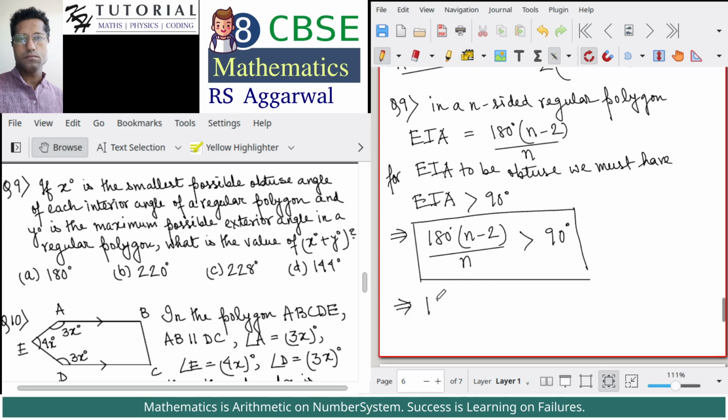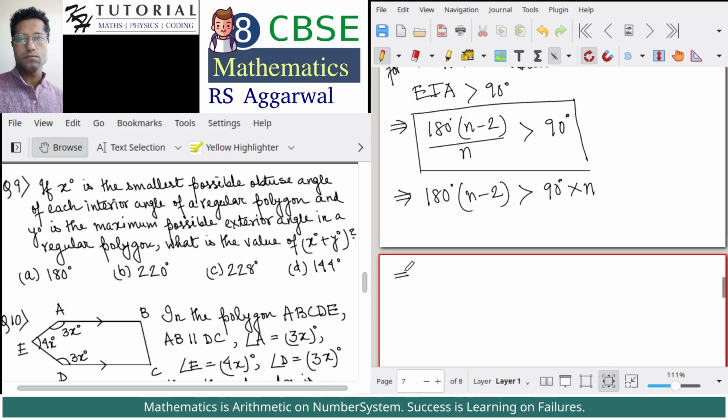So from here I can say 180 degree multiplied by n minus 2 will be greater than 90 degree multiplied by n. In an inequality like this, you can cross multiply. You can also think of it like this, that I have multiplied both the sides by n. So I have this.